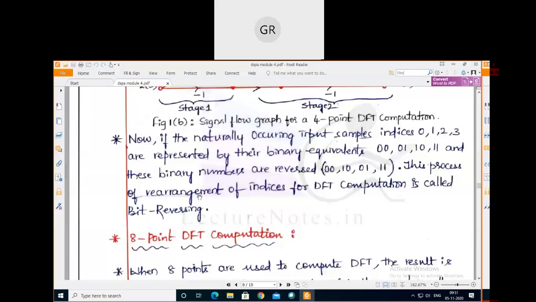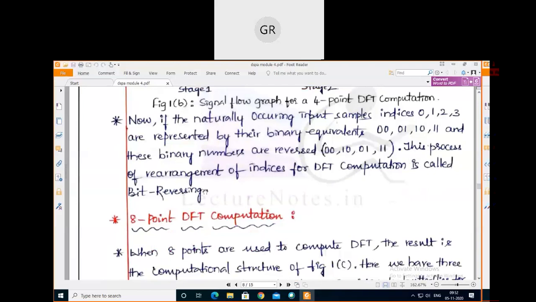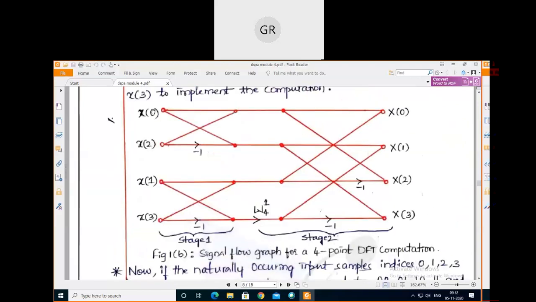This process of rearrangement of indices for DFT computation is called bit reversing.